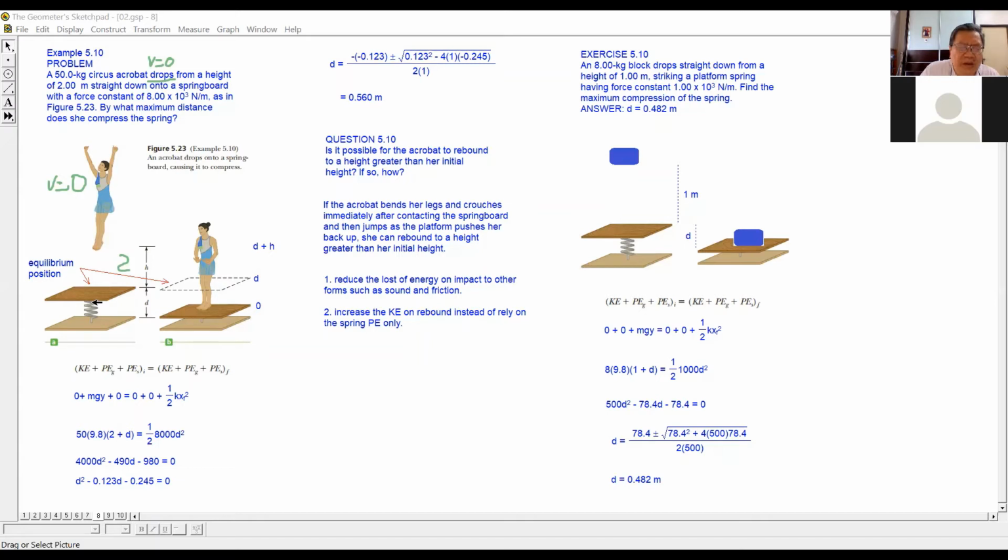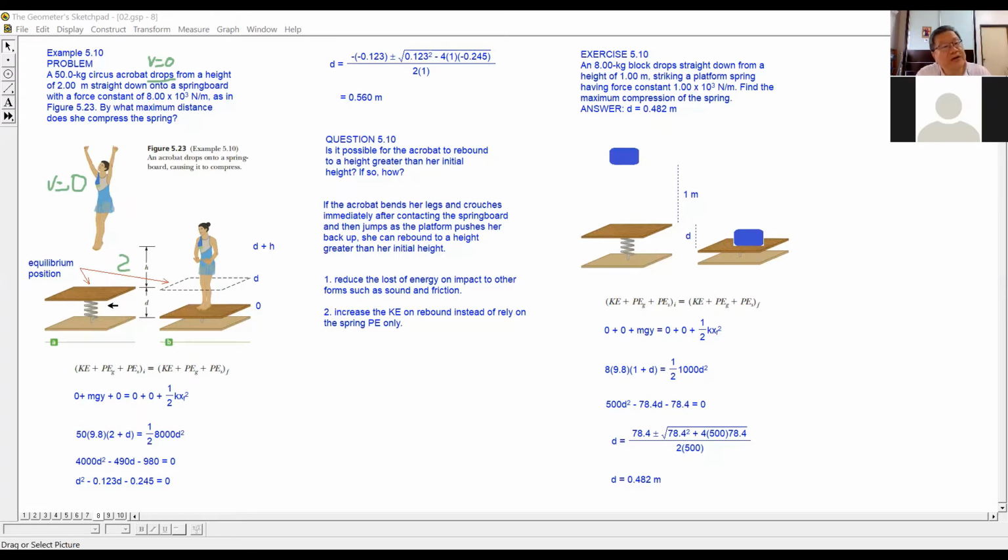So it is not that she has no kinetic energy. Along the way, she has kinetic energy, but at the initial position and the final position, she has no kinetic energy. So in that case, the conversion is between gravitational potential energy and the spring potential energy.